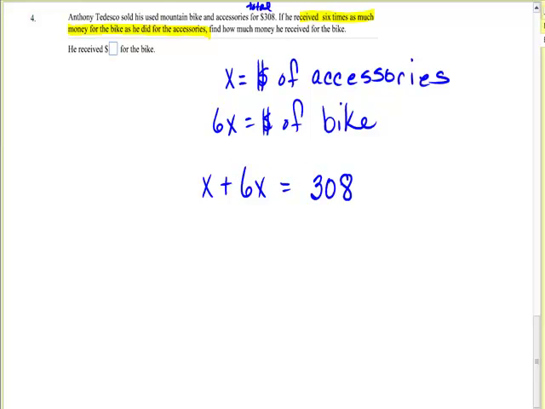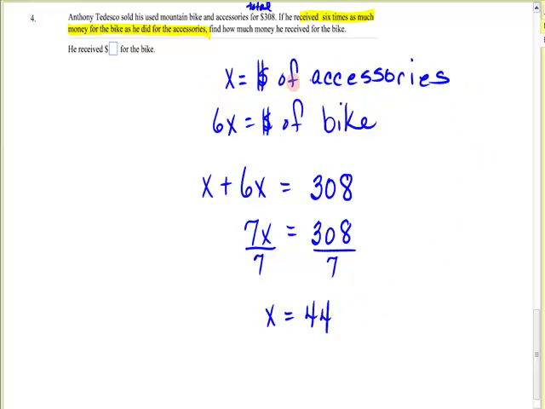And I'm going to solve this. Simplify by combining like terms on the left. I have 7x is 308. I don't have variables on both sides. Looking over here, I don't have a constant. I have merely a coefficient. I'm going to divide both sides by it. I have 308 divided by 7, and I get x is 44. Now, what did I just find?